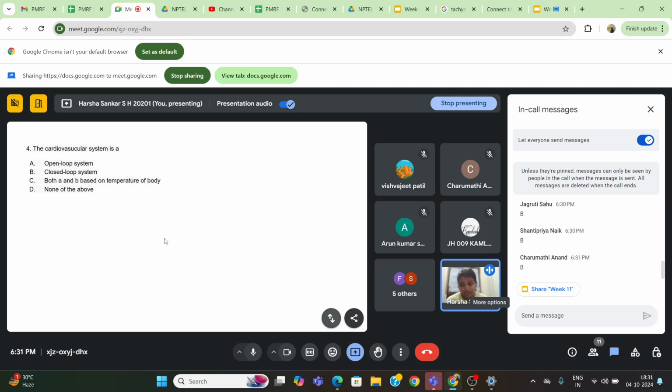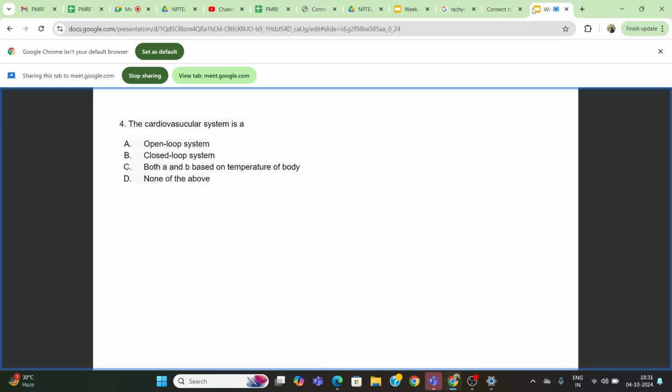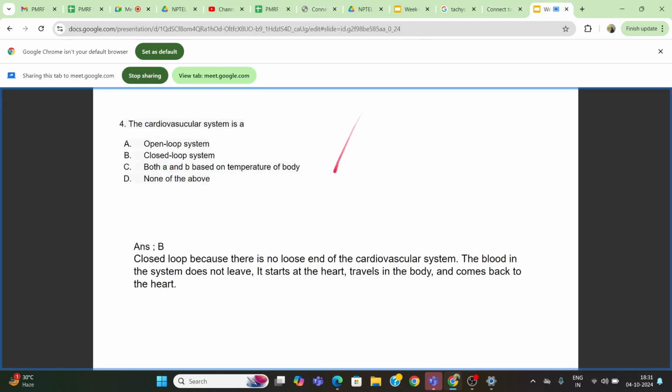Yes, the correct answer is option B, closed loop system. Why is it a closed loop system? Because everything is closed in particular vessels, right? It's not open like in insects.